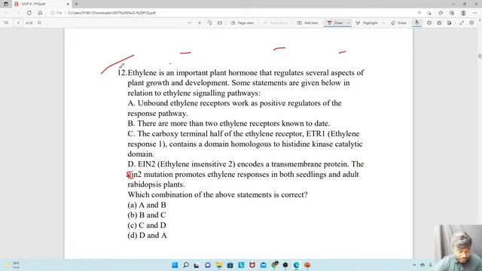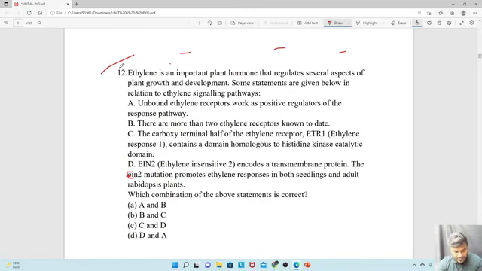Question number 12. You can answer this question also very easily, friends.